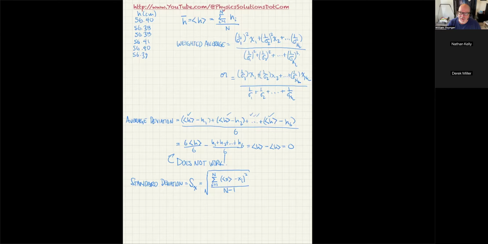It's what we call the standard error, or a more explanatory term would be that it is actually the standard deviation of the means. That's another phrase they use. So the standard deviation of the means is another phrase we use for the standard error.